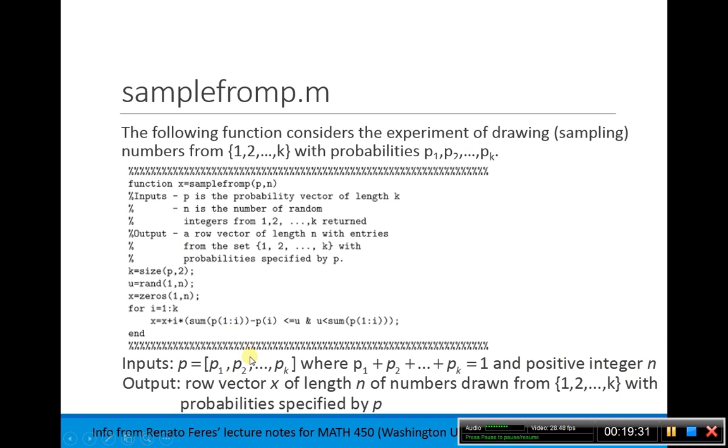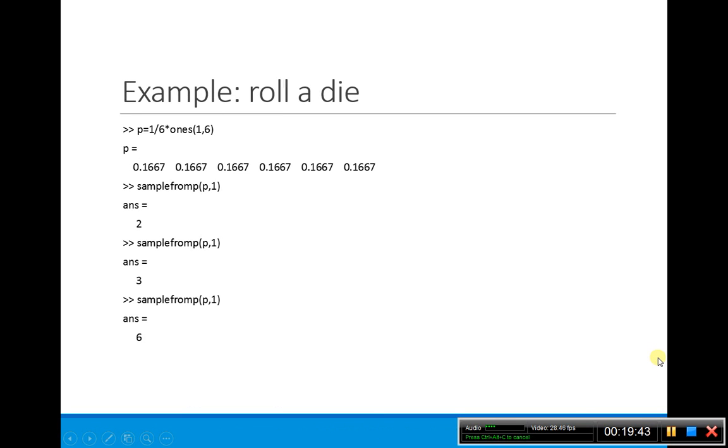What it returns is x. X is basically numbers 1 through k, and it's n numbers of these. So for example, if I roll a dice, I use this command, there's an equal likelihood that I'm going to roll a 1 through a 6. So here I'm setting all the probabilities the exact same.